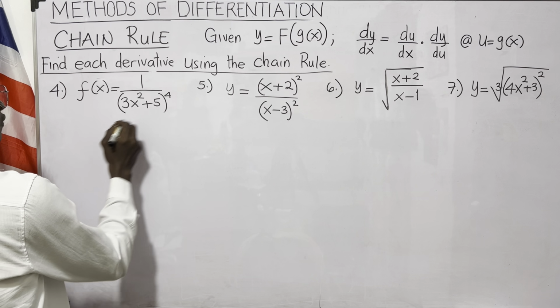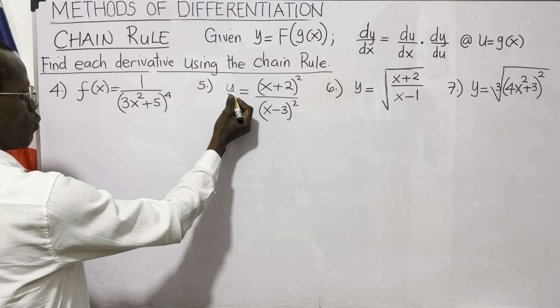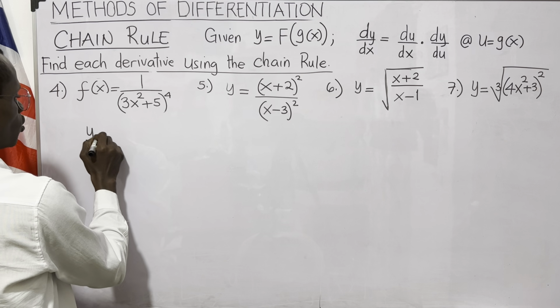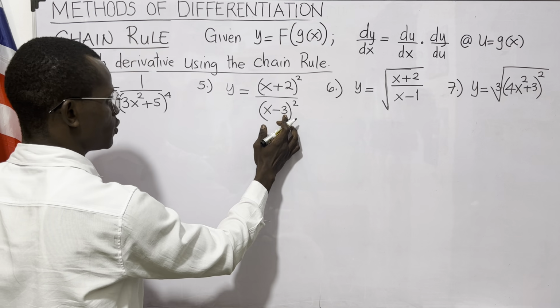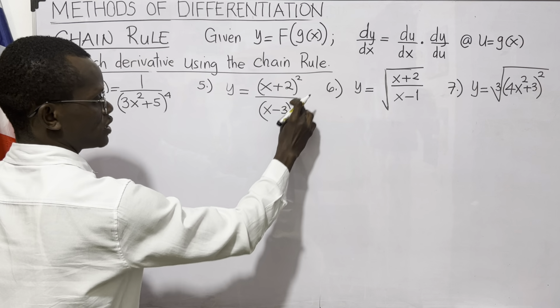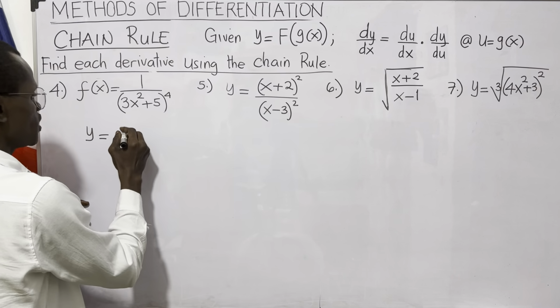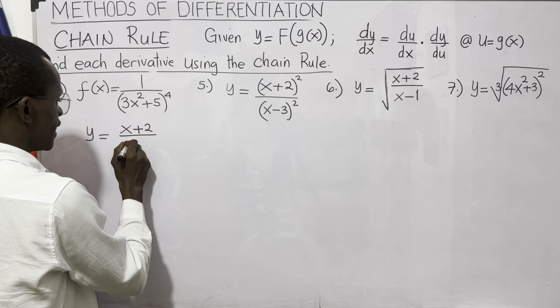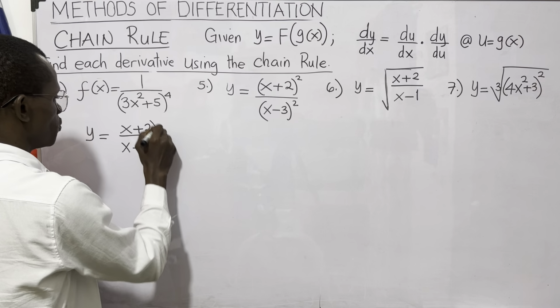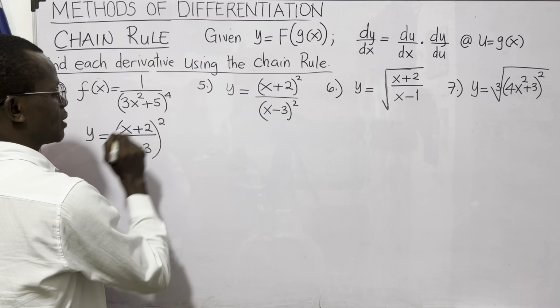So question 5 says y equals (x plus 2)(x minus 3). Now both of them are raised to the same power, so we can rewrite it as (x plus 2 divided by x minus 3) raised to the second power.